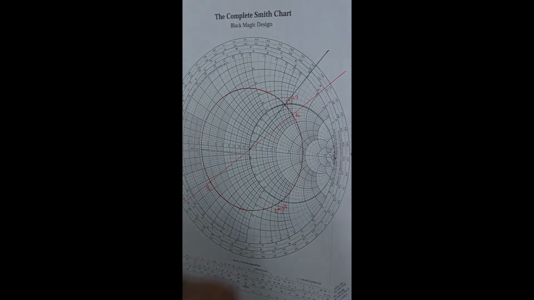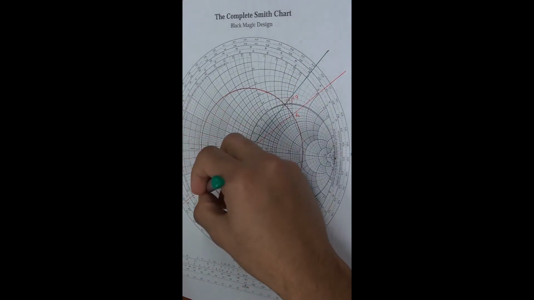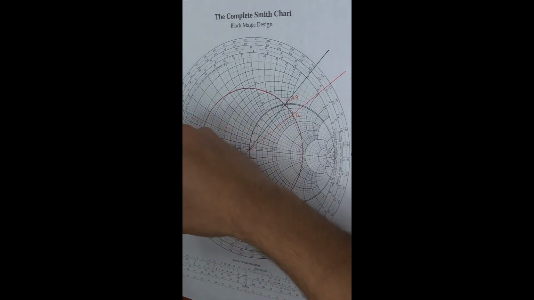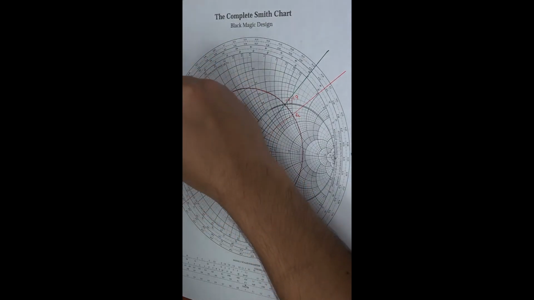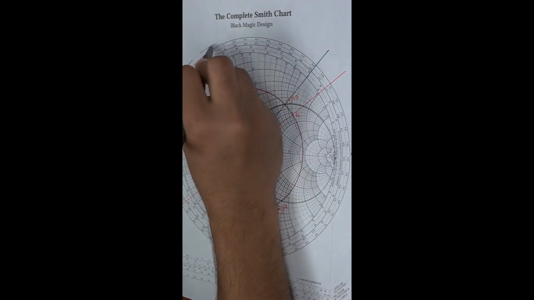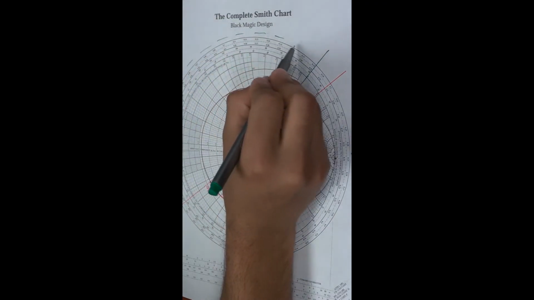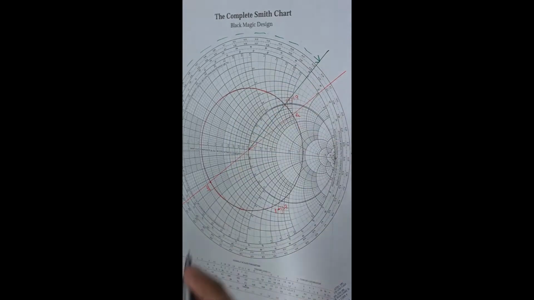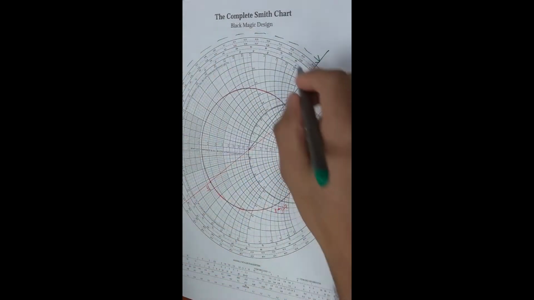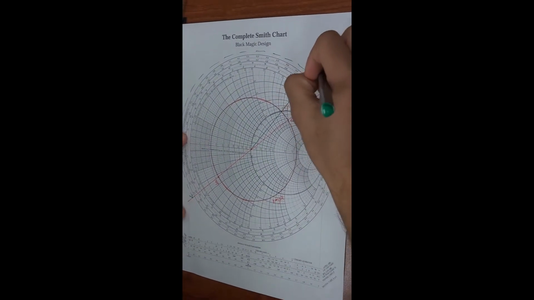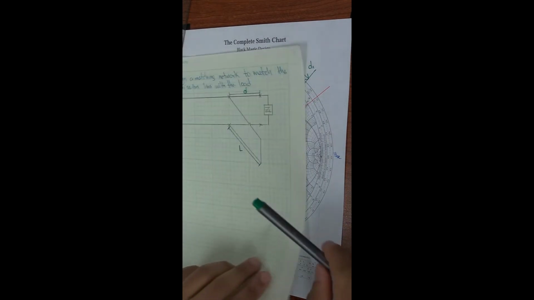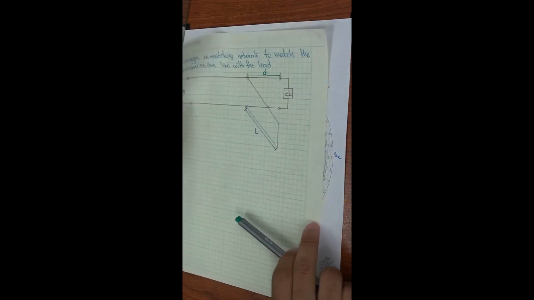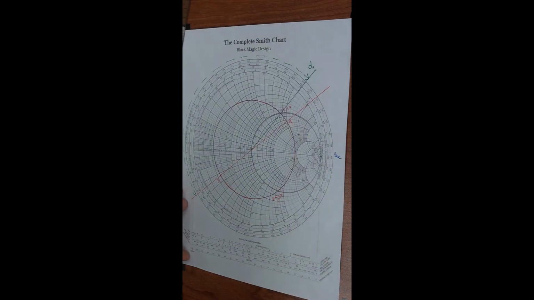So in other words, we will need to walk all the way from the position of the admittance of our load until here. This distance from here to here will give us the distance D1, which is the distance that we'll implement in here. So let's calculate what that distance is.